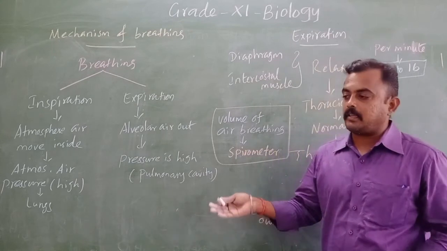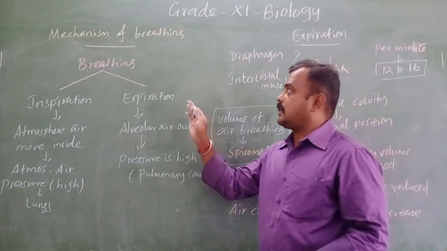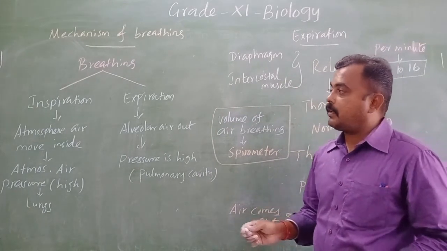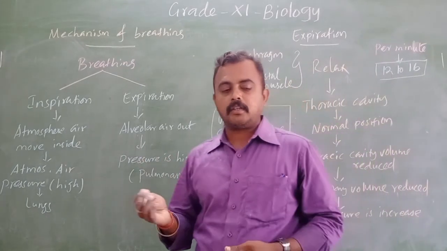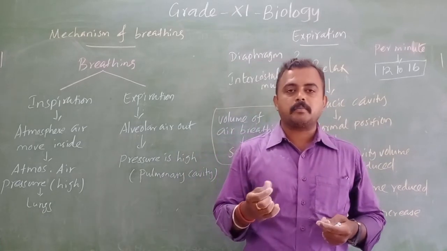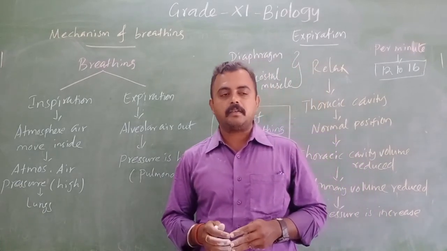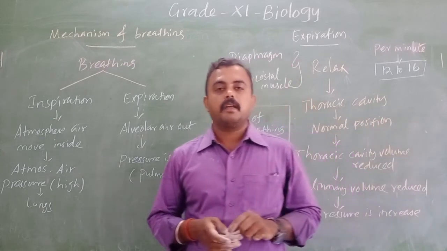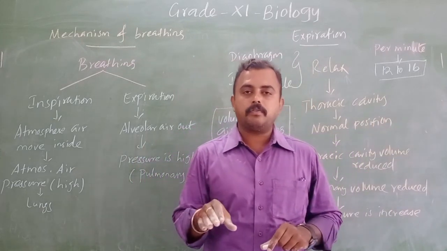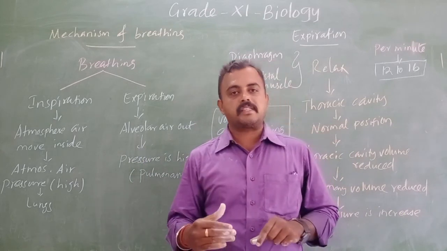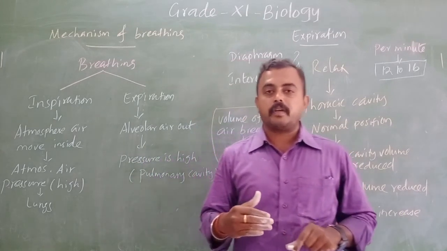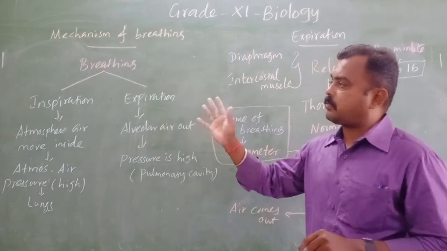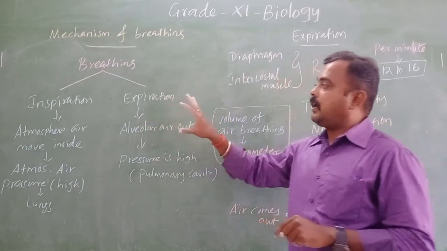Today we have completed the human respiratory system as well as the mechanism of breathing. You all understood that. Once again I want to recall: in the human respiratory system we saw the lungs, bronchioles, alveoli, and the pathway of air from nostril to cells. In the mechanism of breathing we have two types, inspiration and expiration.